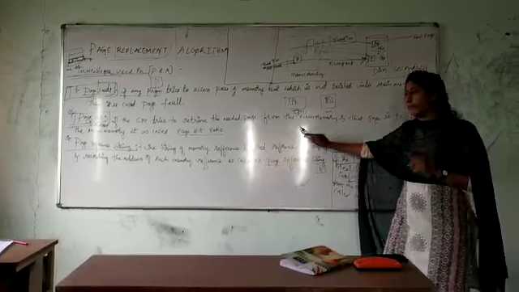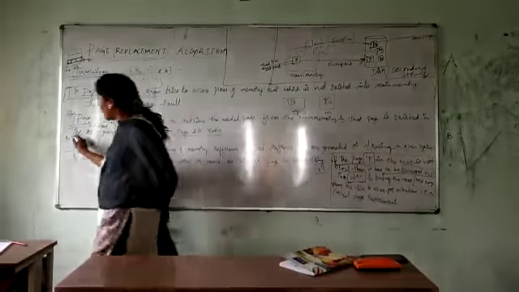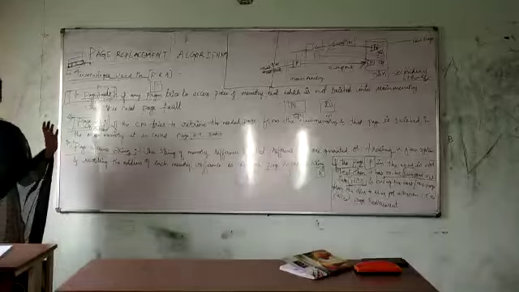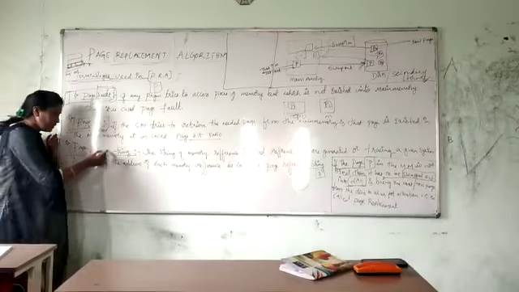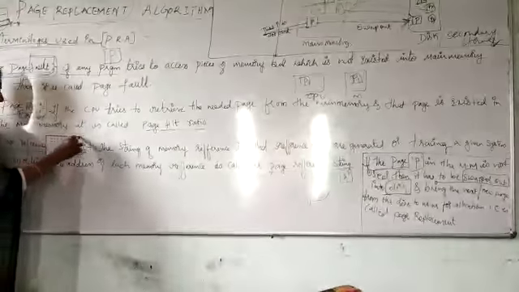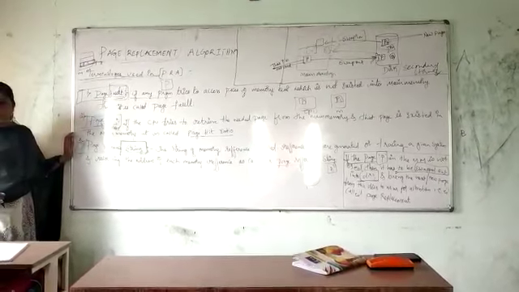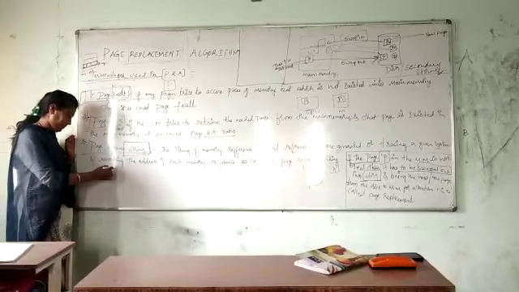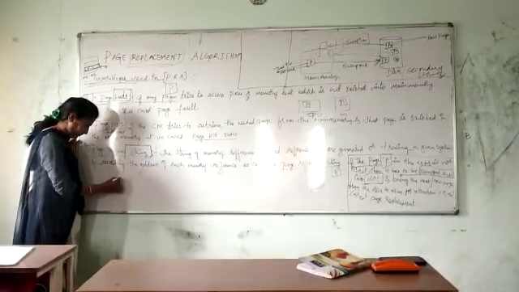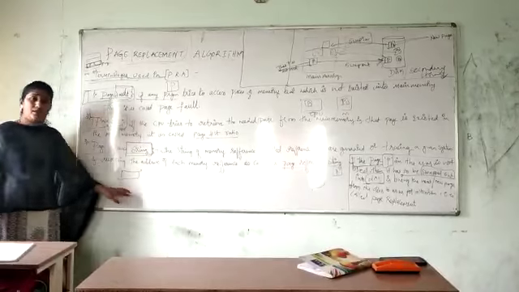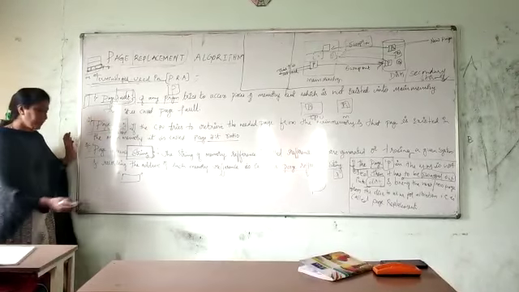Is that clear? Now the next and the third important point is page reference string. Can I give the definition of string? What do you mean by string? Is it not called a string? Right?